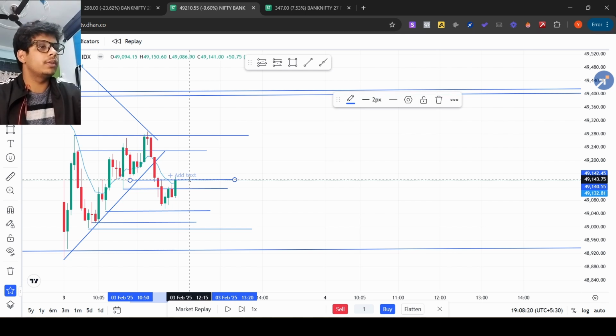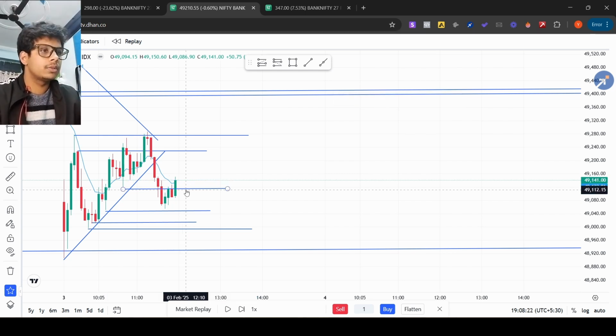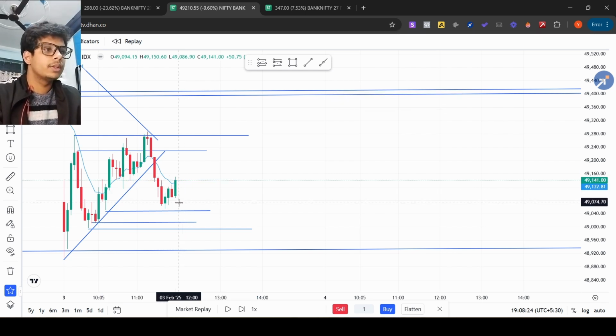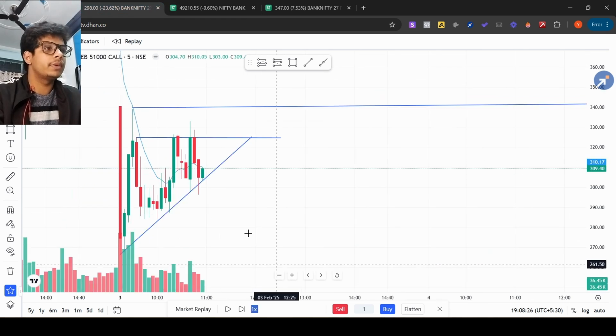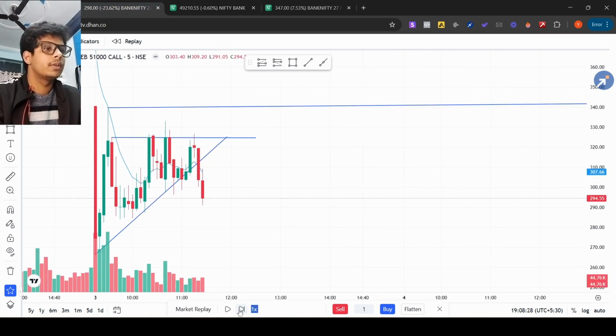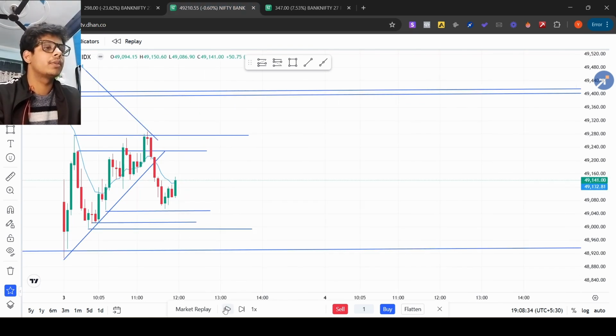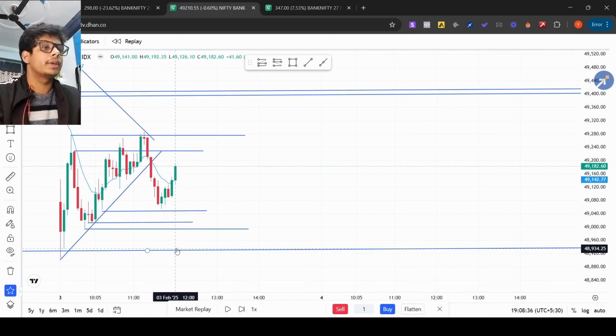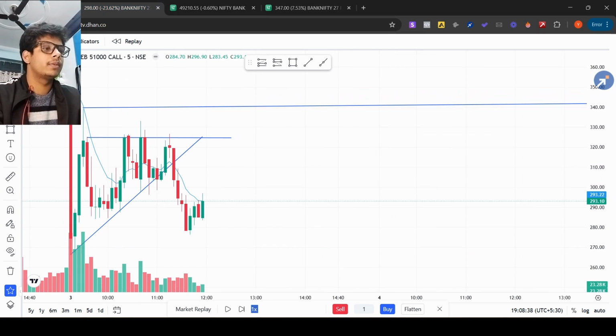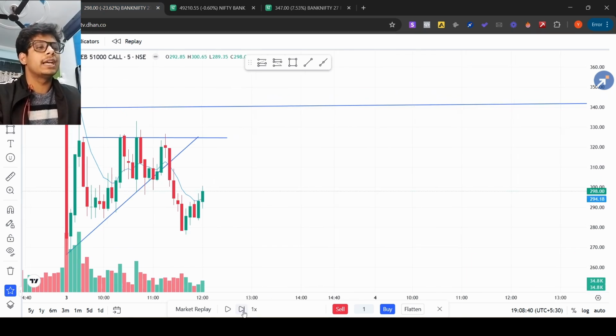Okay, we're going to remove the useless ones. There we go, a great opportunity at 11:55. Nope, not a 9 EMA breakout. Okay, this is a great one at 12. Not a healthy breakout.